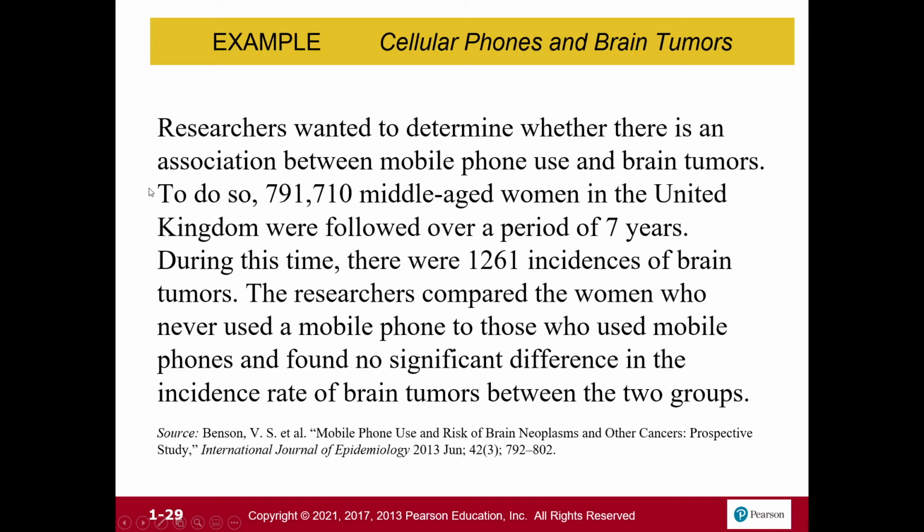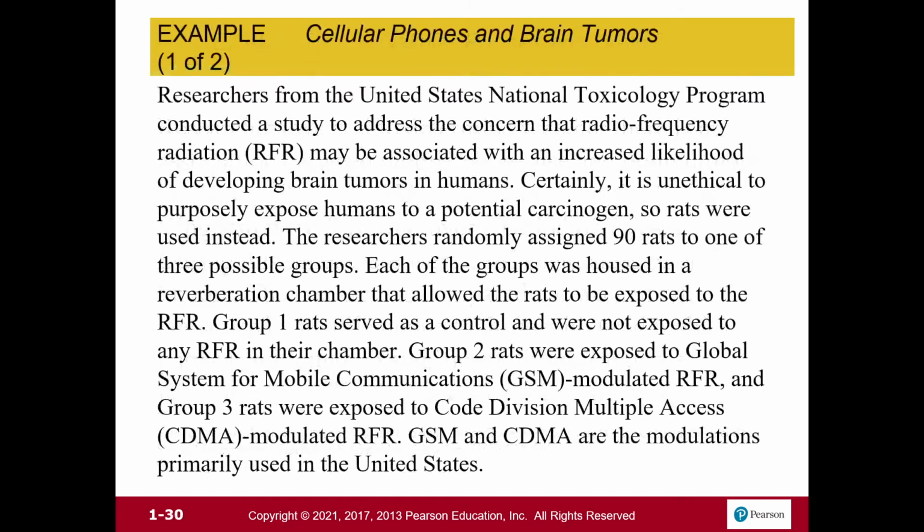During this time, there were 1,261 incidences of brain tumors. The researchers compared the women who never used a mobile phone to those who used a mobile phone and found no significant difference in the incidence rate of brain tumors between the two groups. All right.